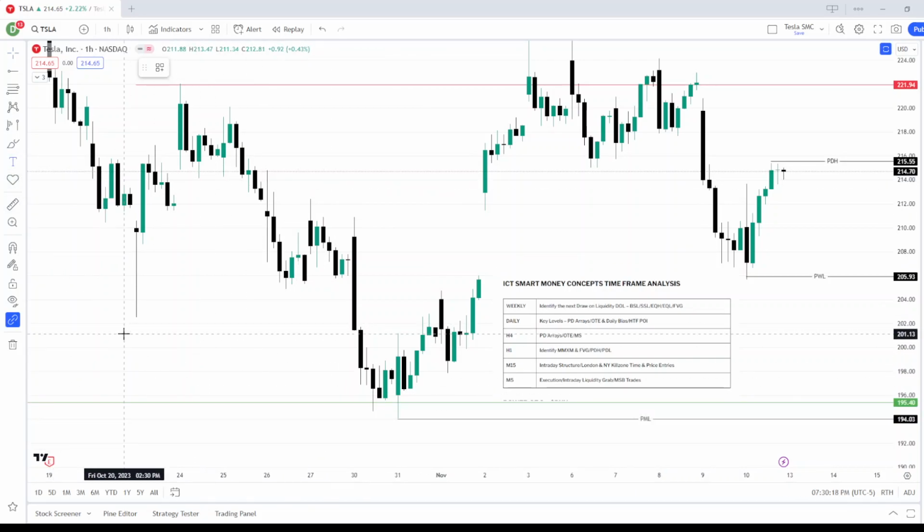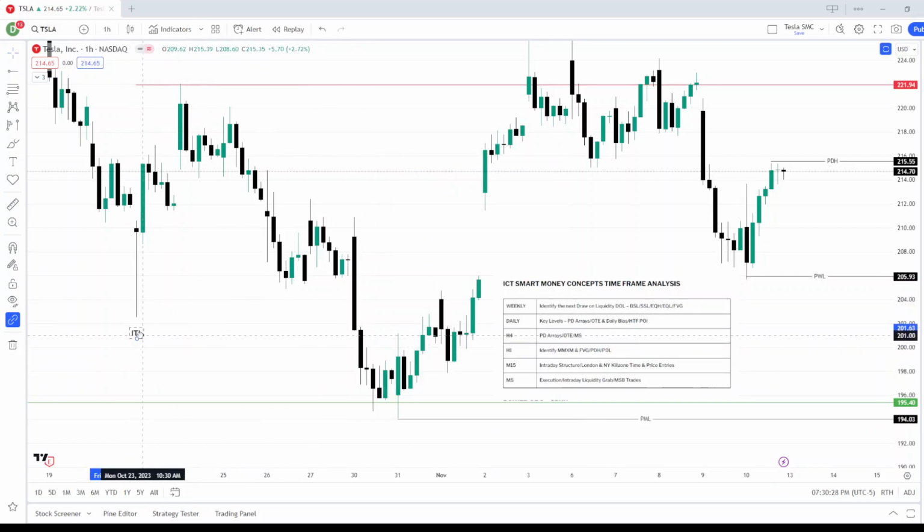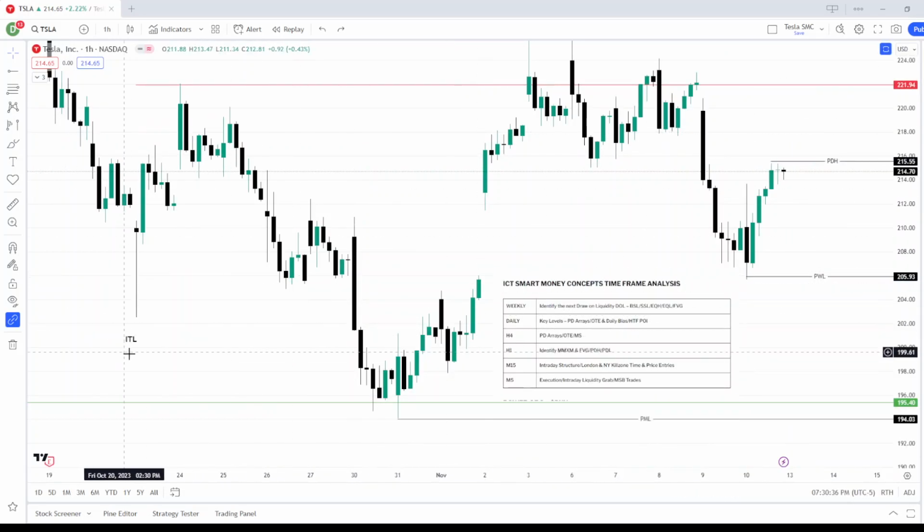is with an intermediate term higher low. Okay, so ITL is the abbreviation. ITL is the abbreviation, intermediate term low.